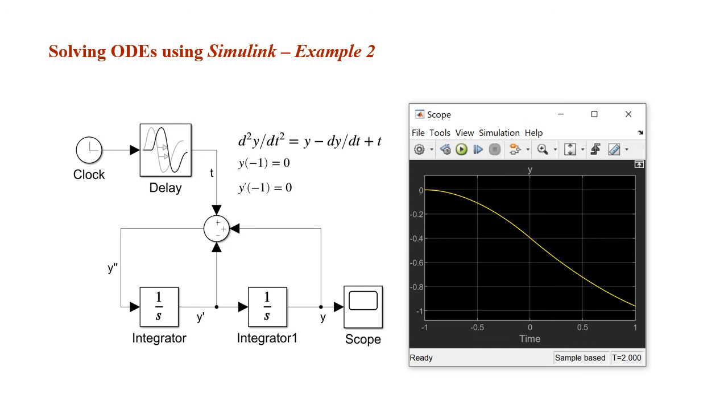I finally placed a scope to visualize the result, or to plot them as a function of time. I also needed to adjust the settings of the scope such that the x-axis ranges from -1 until 1 instead of starting at the default value of 0.